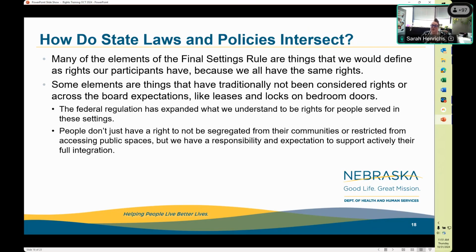It says not only does this person have the right to not be segregated from their community, they have a right to be actively supported to be a meaningful part of their communities. And we have that expectation for our service providers when participants are served in these settings.